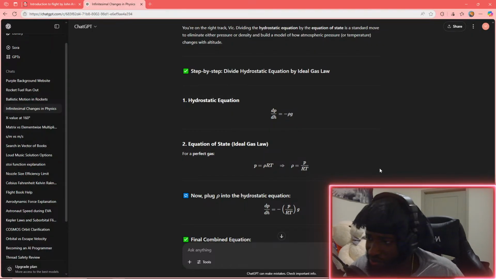Why pressure? Where's pressure equal to N over V? I've only used the ideal gas law in one sense before, so I don't really know too much about it.